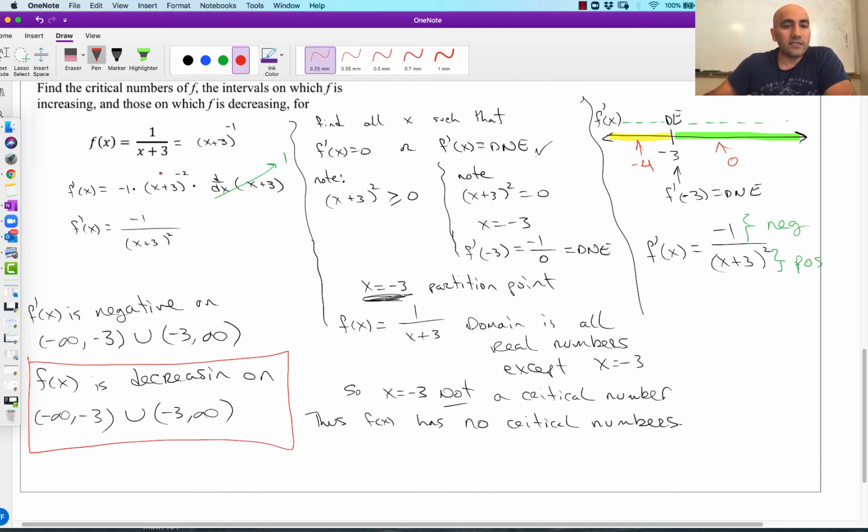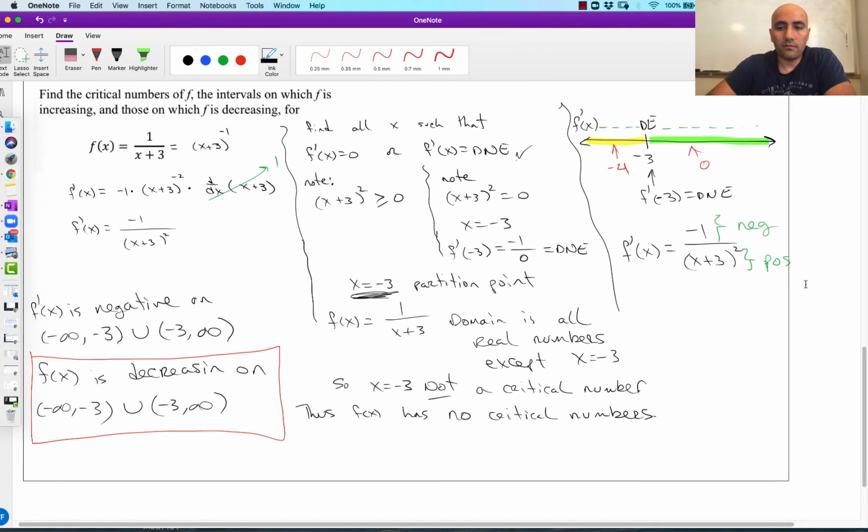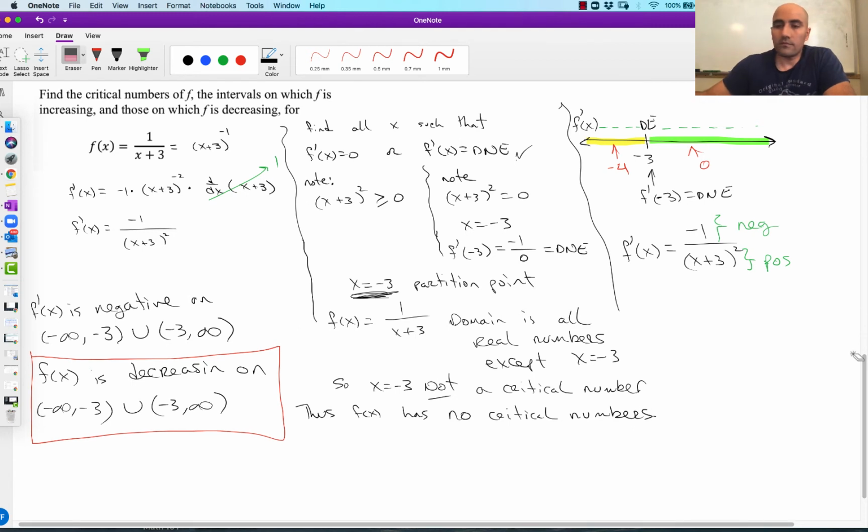Good. And this is a standard function, so you might remember what the graph looks like. Just as a rough sketch of the graph, we know that it's going to look something like this. Here is x, here is y.